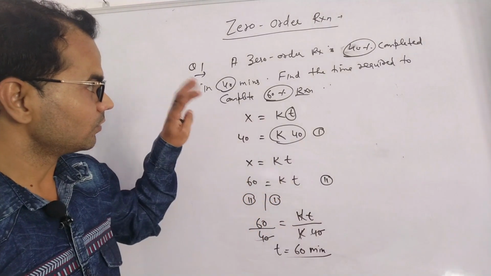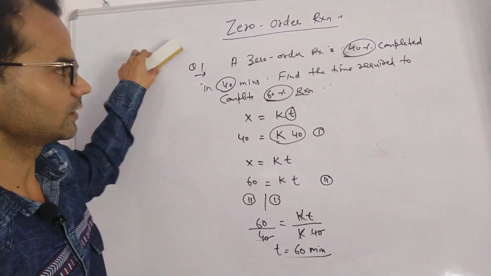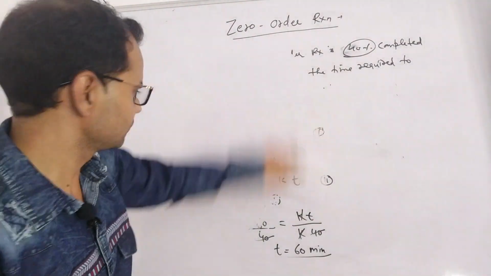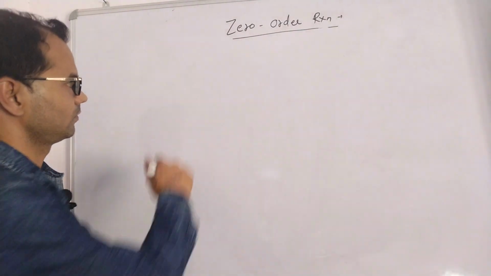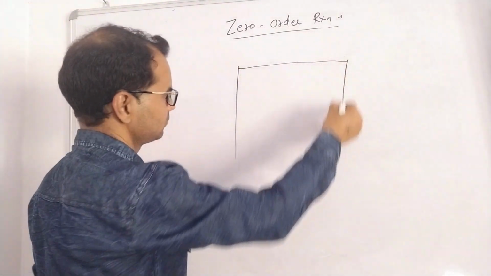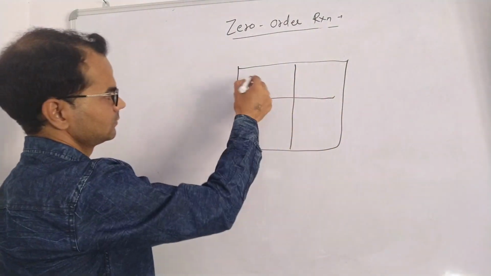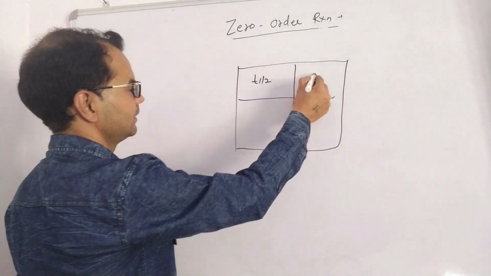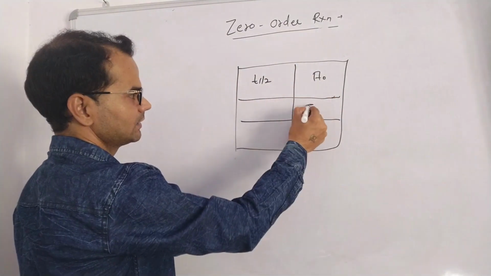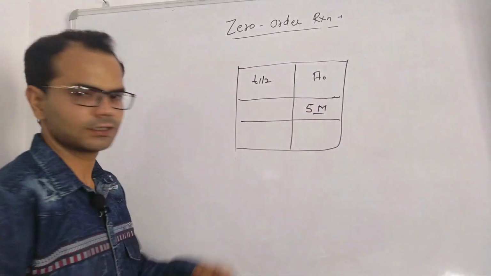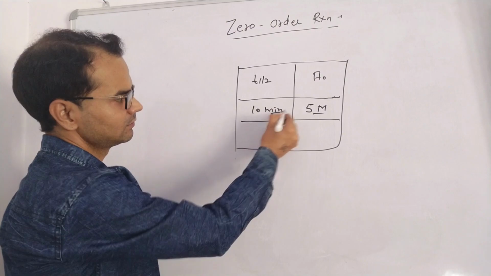So one more question I am solving for T half. T half and initial concentration of a reactant. If initial concentration is 5 molar, then T half was 10 minutes.